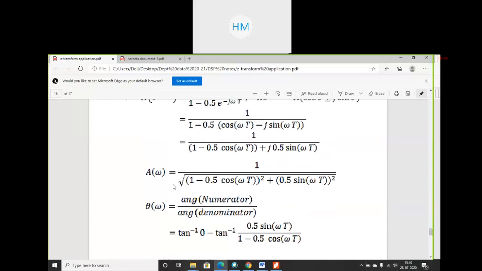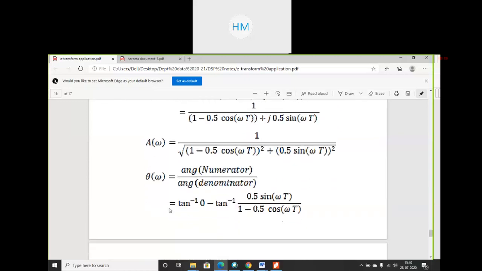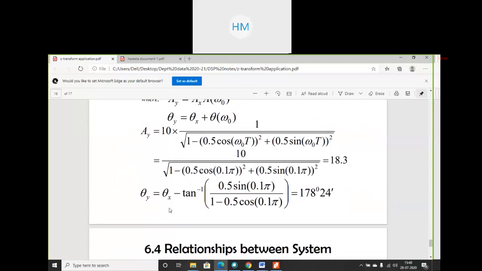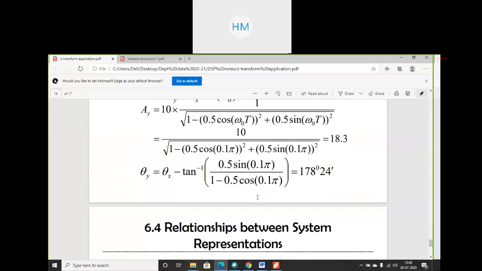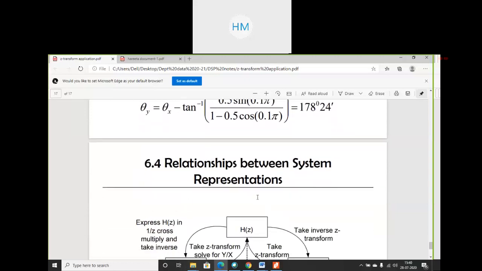I will use this equation to find out the amplitude and phase. Generally this question is not asked, but to know where we have to put the values if it is given, I have shown this example.